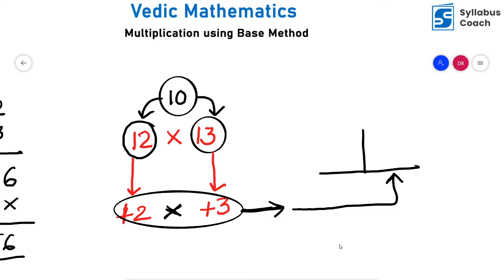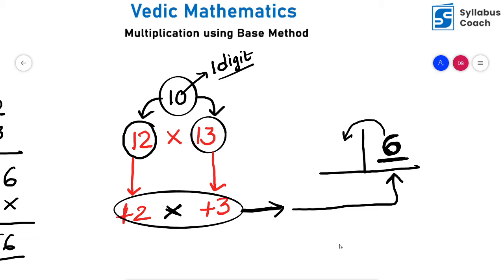The base is 10, therefore this is one digit, so when you multiply 2 into 3, the output on the right hand side will also have one digit. If you get two digits when you multiply, you have to carry the first digit to the left hand side. Currently, we have 2 into 3, which is 6, a single digit. Therefore, there is no problem with this question. You directly write 6 here.